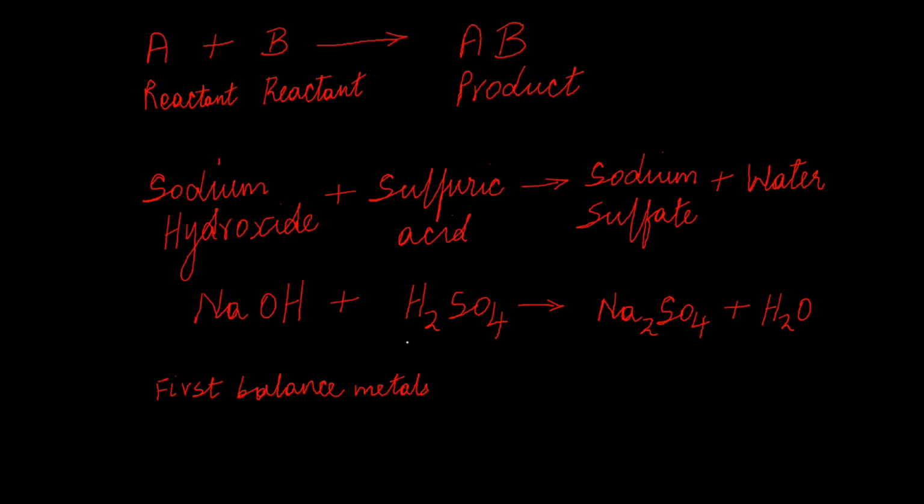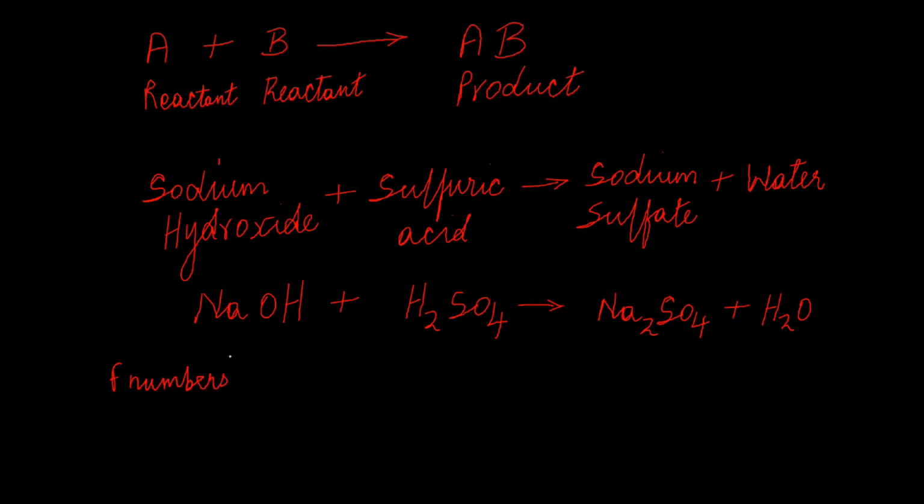Now, which is the metal here? Sodium. Now, before that, there is something which we call the F numbers. F number means frequency number. When you're balancing equations, first you find the frequency numbers.